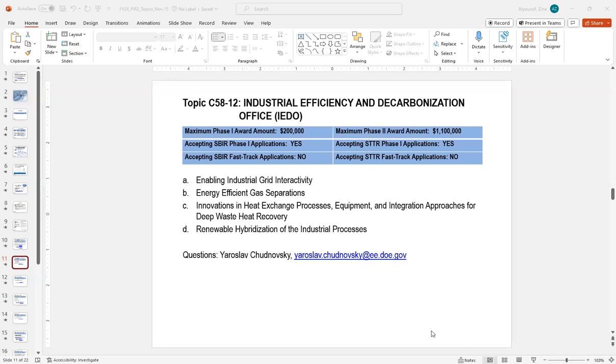And I also see it looks like Curtis's question here was mislabeled on the topic. He sent a separate question that corrected the topic label. He asked, will tech that helps decarbonize industrial oil and gas equipment be considered for this topic? There are no restrictions on the application area that are indicated in the topic.